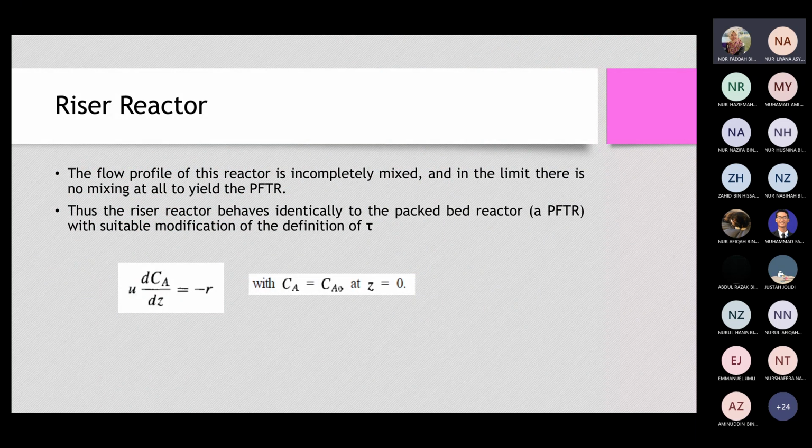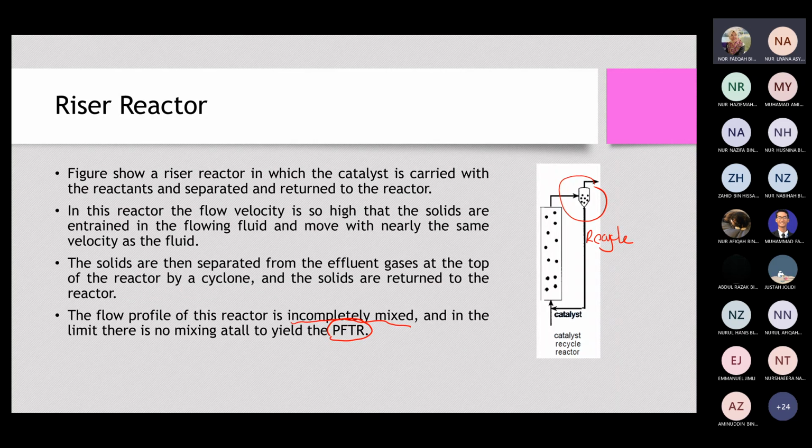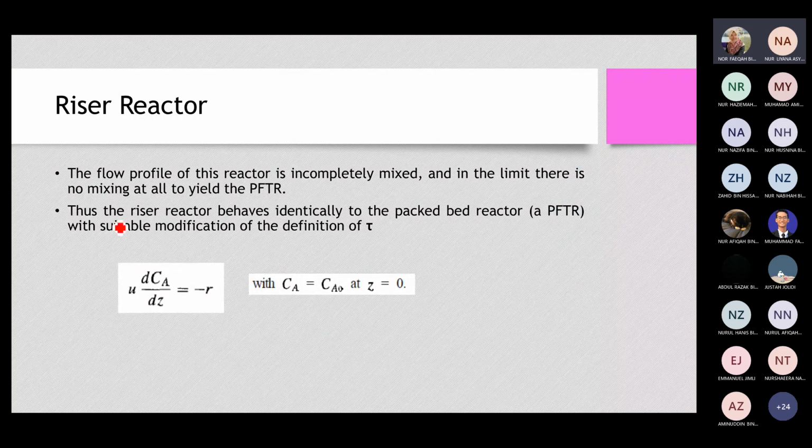So the flow profile of this reactor is incompletely mixed, the same sentence repeating. Thus the riser reactor behaves identically to the packed bed reactor with suitable modification of the definition of tau.